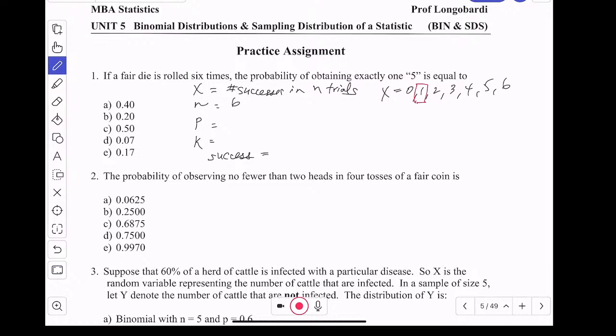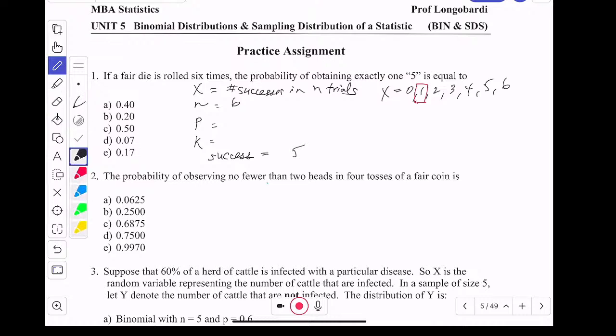So each time that I roll, what am I looking for? What am I counting? I'm counting 5s. So each time I roll the die, I'm looking for a 5.